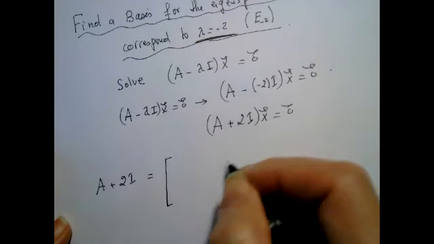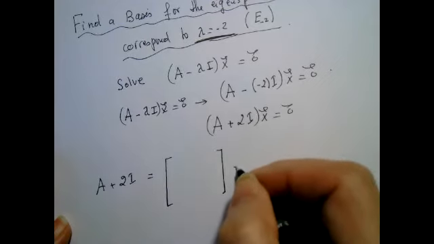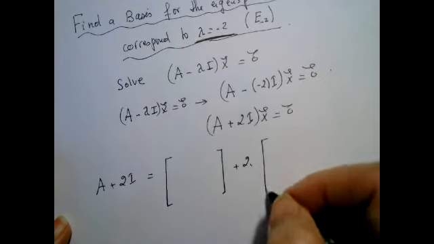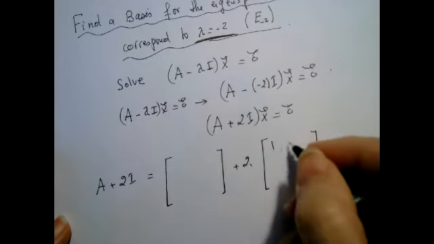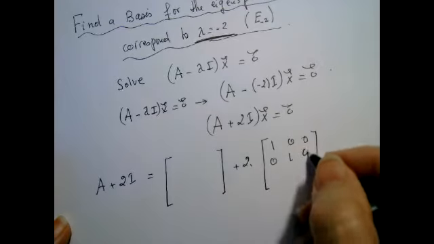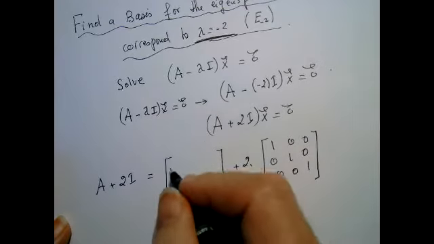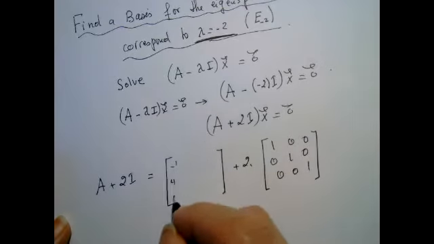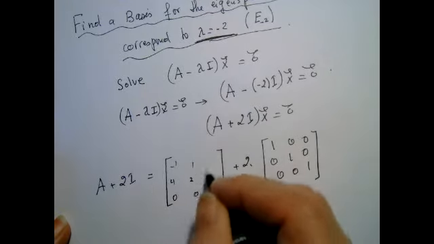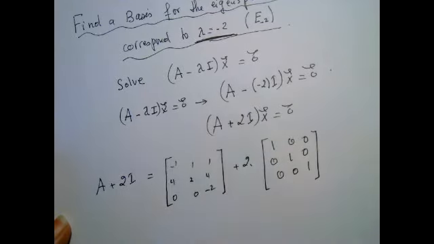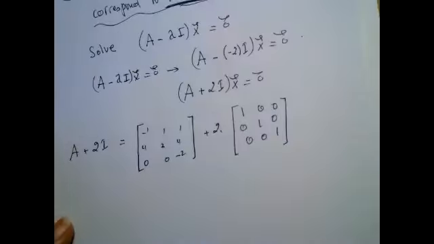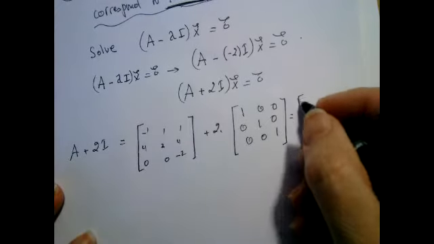We take the matrix A, and we add to it twice the identity. And my matrix A is 1, 4, minus 2. And we add them, and then we solve.